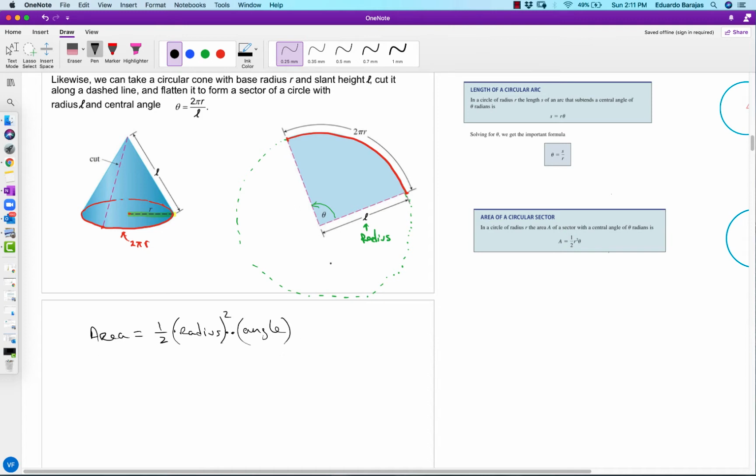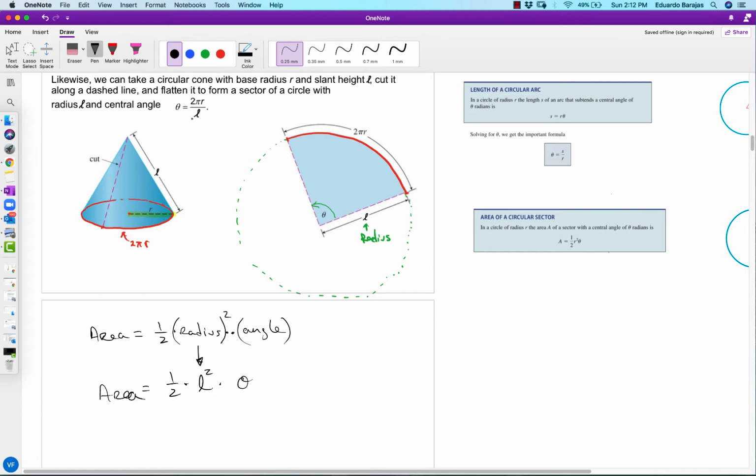And we're dealing with the larger circle, so that means that the radius is L. It's going to be 1/2 L squared times the angle theta, which is equal to the area we're interested in.